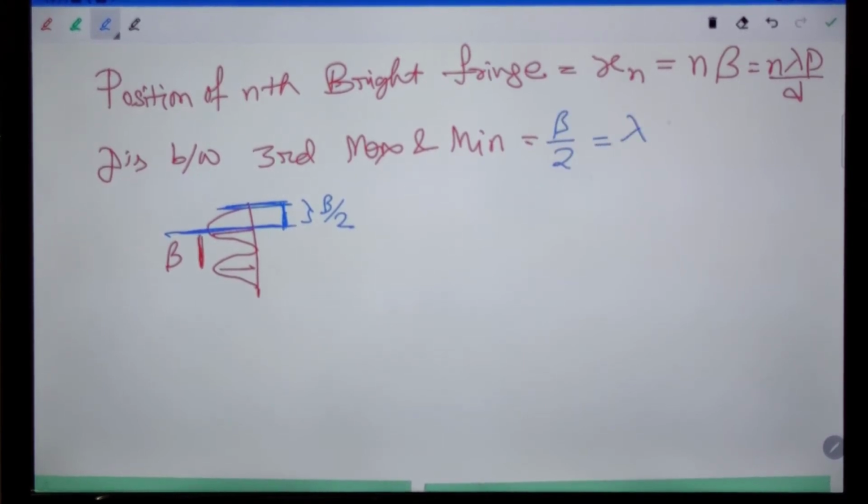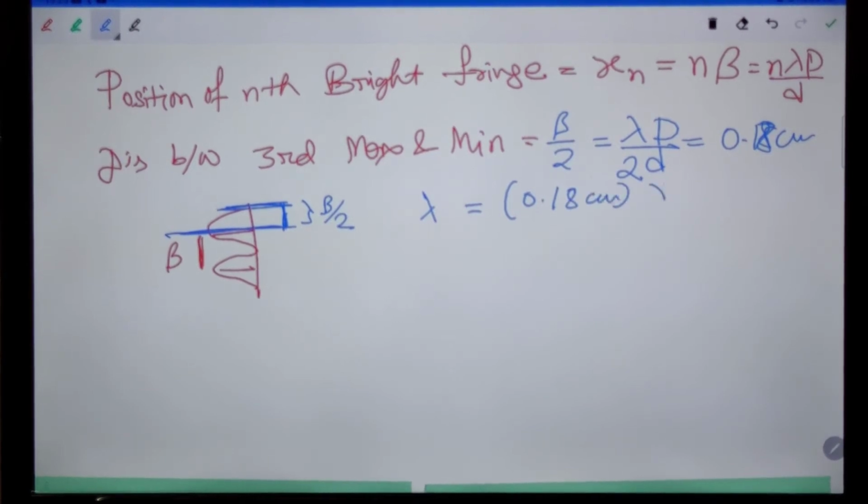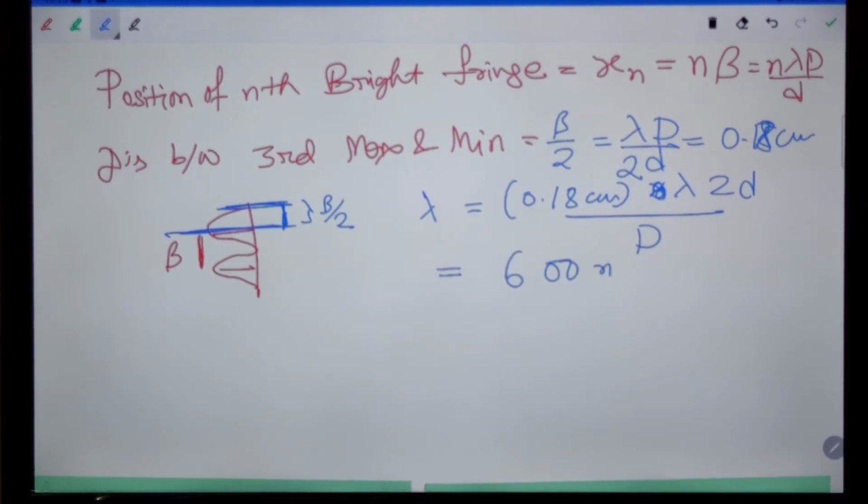So what is the value of beta? Lambda D by d. So you can take 2 in the denominator, and the value of it is 0.18 centimeter. Okay, so we will have to find the value of lambda right now. So what will be the value of lambda? 0.18 centimeter into 2 d by D. So after solving it, you will get 600 nanometer.